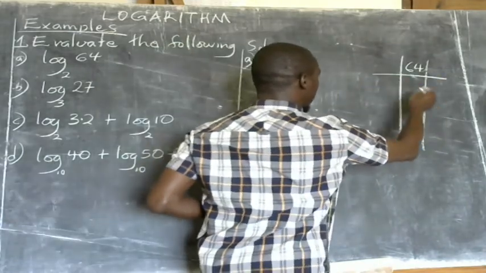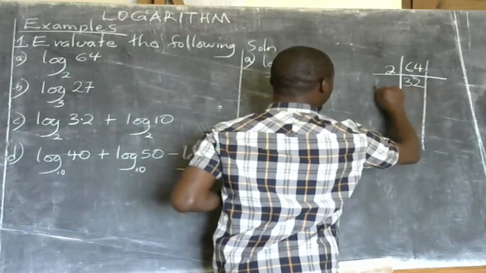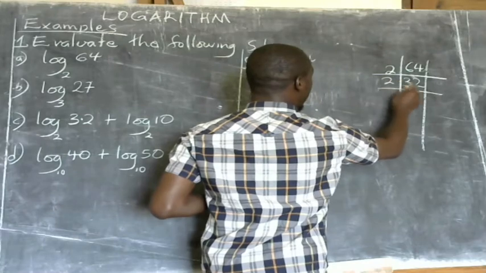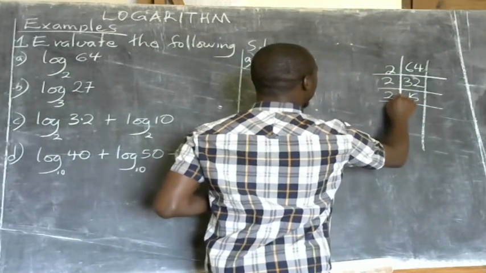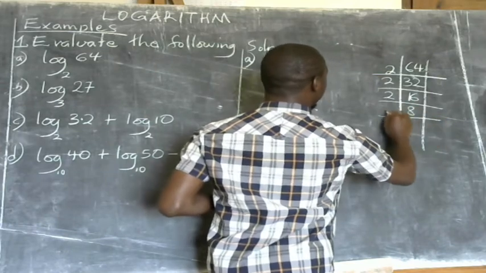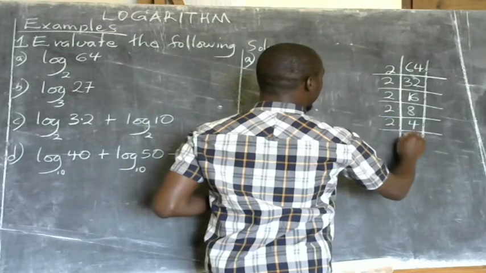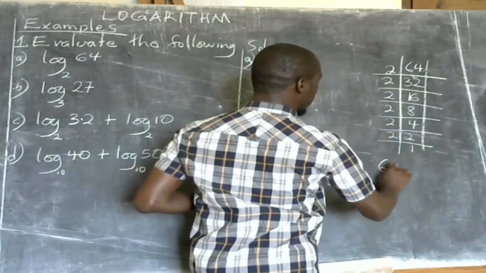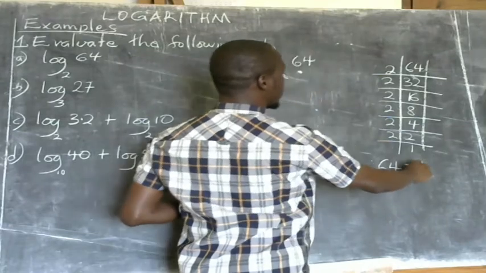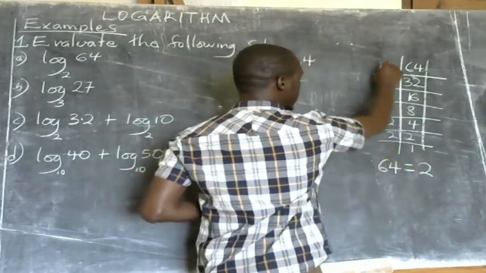So prime decomposing 64, the 2 there, when I divide, that is 32. 32 divided by 2, I get 16. 16 divided by 2, I get 8. 8 divided by 2, I get 4. 4 divided by 2, I get 2. 2 divided by 2, I get 1.